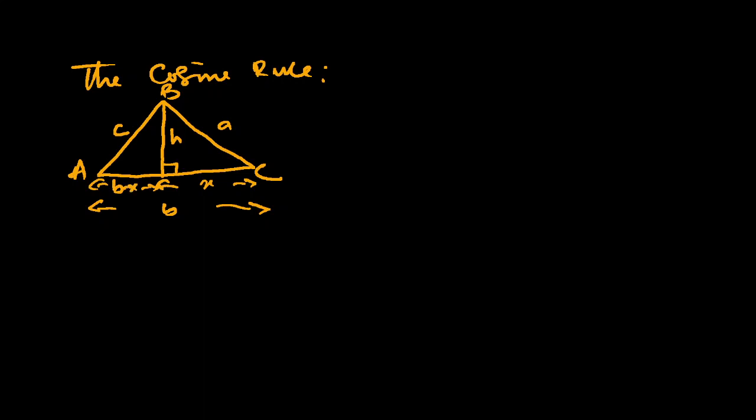If that should be the case, then we can prove the cosine rule now. Let me call the point on this line, from B to this point, M. Okay, I think I need more space here. So from A to M is b minus x, and from here to here is x.